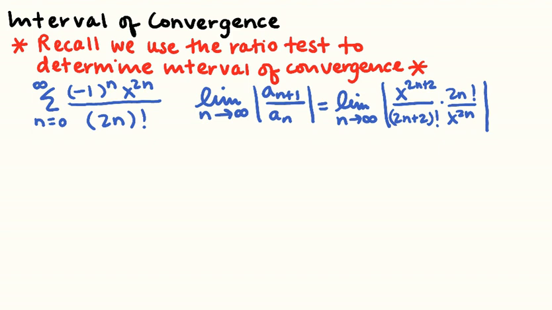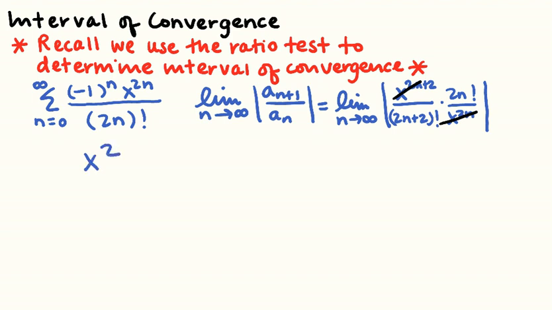So what we're going to do is expand this and start to cancel some stuff off. Okay, if I have x to the 2n under x to the 2n plus 2, well, I can cancel all but 2 of these powers, right? Okay, I've got x to the 2n, but I will be left with 2 powers of x. So I'll have x to the 2 in the numerator.